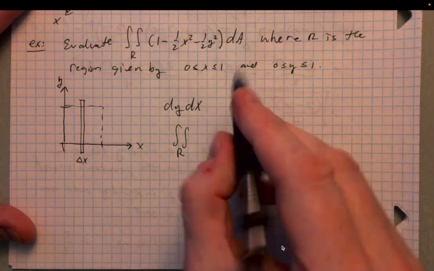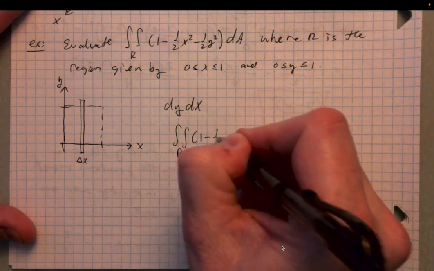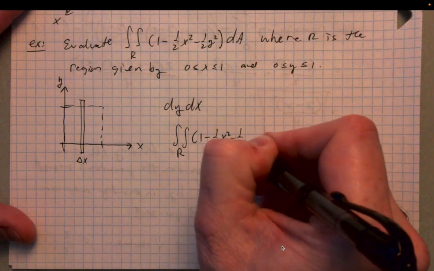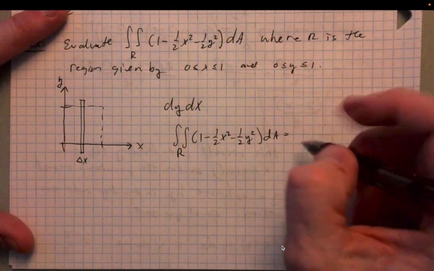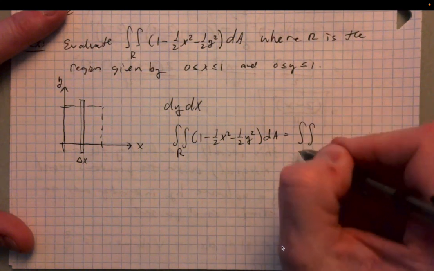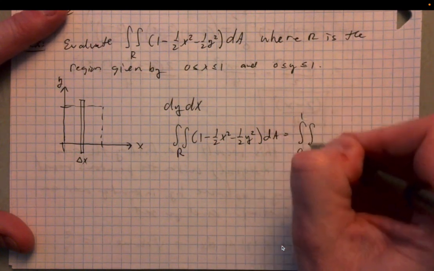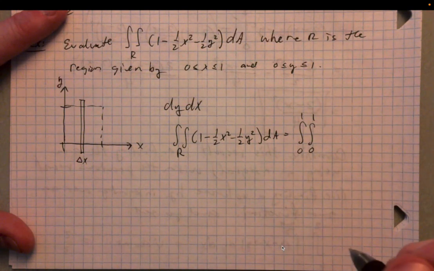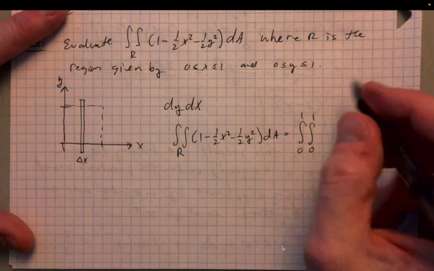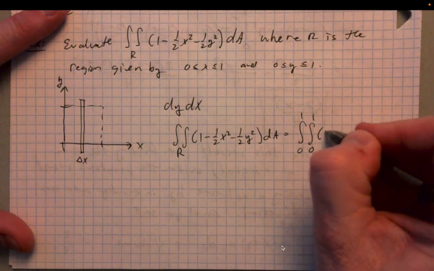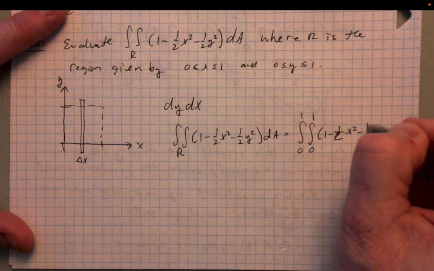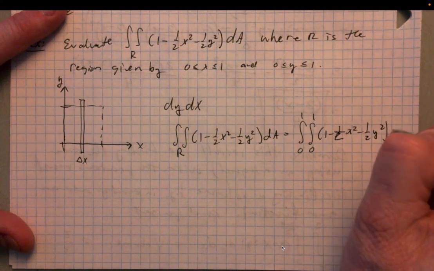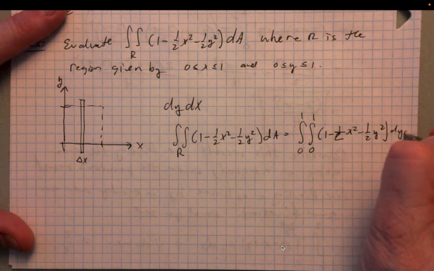The double integral of this function is going to be equal to the iterated integral from 0 to 1, from 0 to 1 of the same function, 1 minus 1/2 x squared minus 1/2 y squared, dy dx.